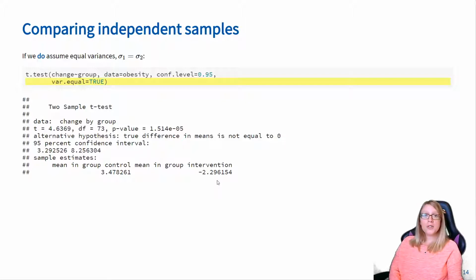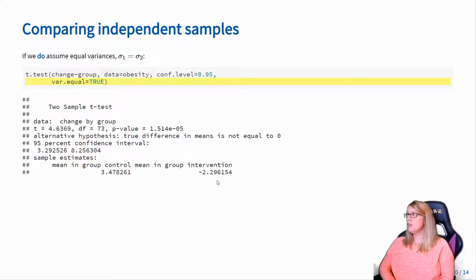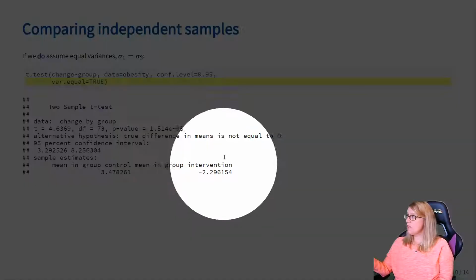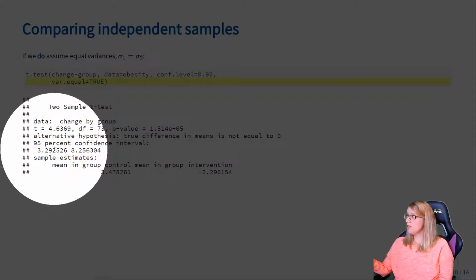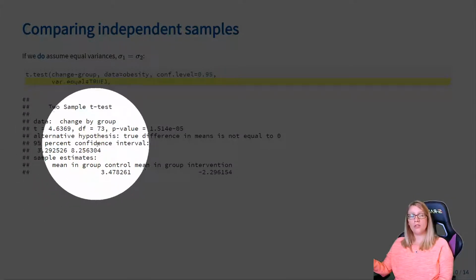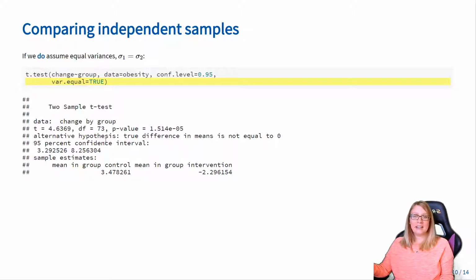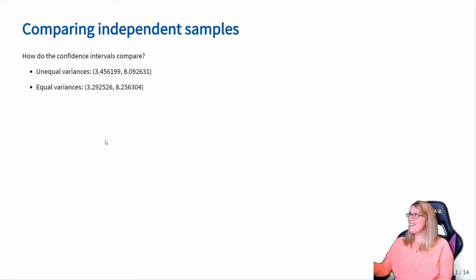Now if we do assume equal variances here by adding that var.equal true statement, take a look at our confidence interval. It goes from about 3.3 to about 8.3. So it is slightly different, but not that different.